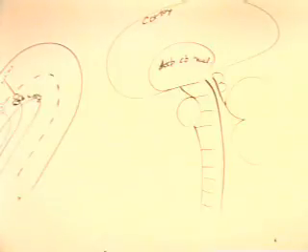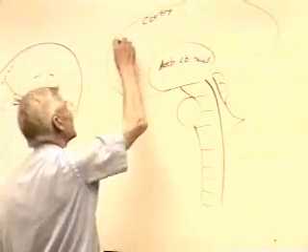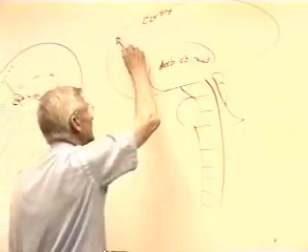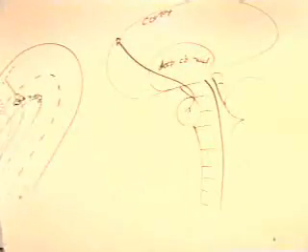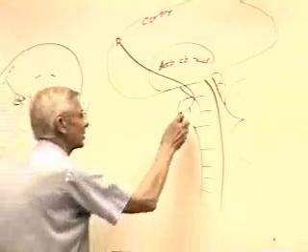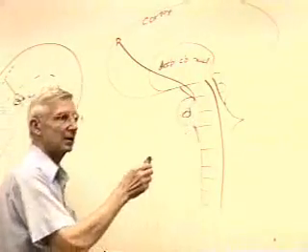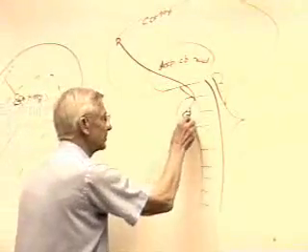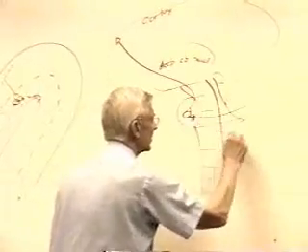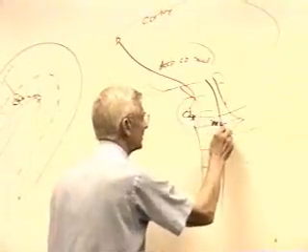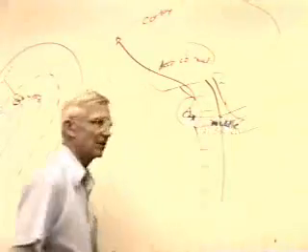The main mass of forebrain fibers coming from all parts of cerebral cortex down through the internal capsule, cerebral peduncle into the pons, where synapse occurs, axons cross the midline, come into the cerebellum through a big peduncle, the middle cerebellar peduncle.